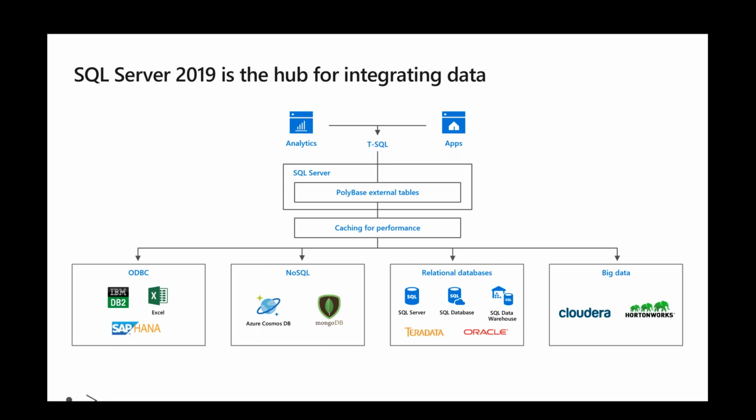You can also cache that data into a scale-out data mart. And so that's very important. So not only can you query it, because the next question you'll ask is, well, what's the impact on performance? Well, you can cache that and aggregate over that for your analytics.